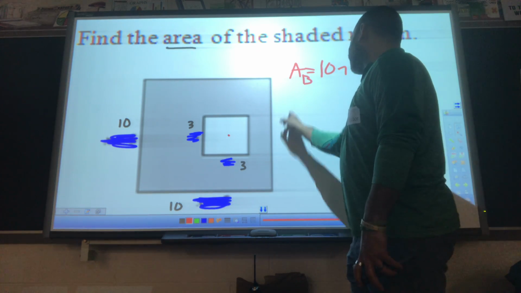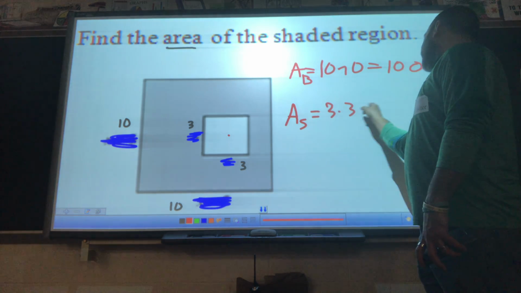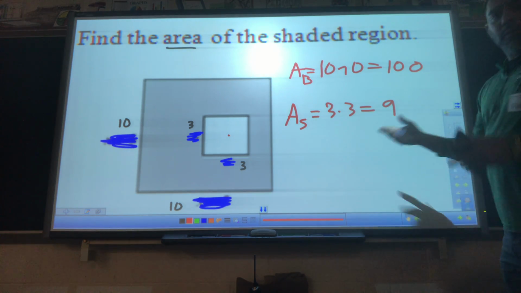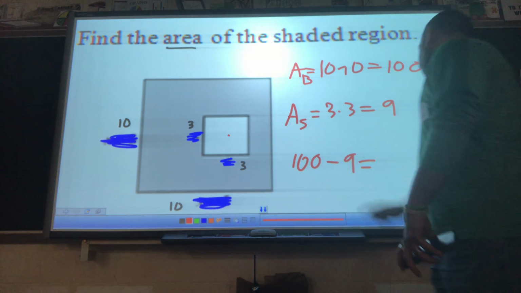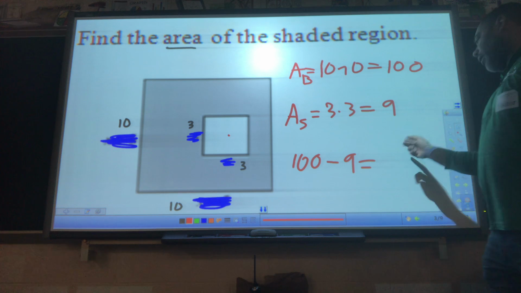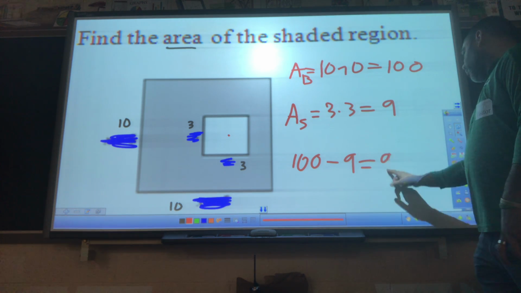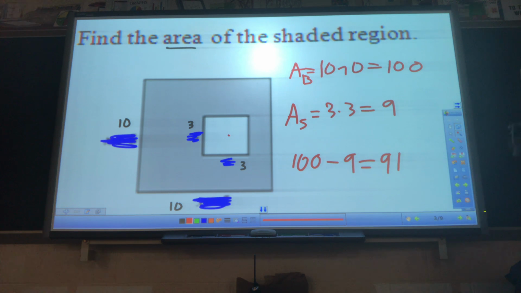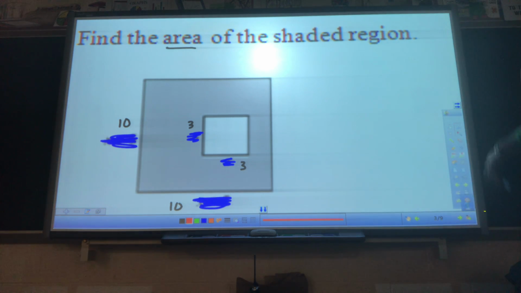I'm going to label that A subscript B. Small box, 3 times 3, which is 9. To figure out the area of the shaded region, I subtract away the hole. So my area here, oops, almost wrote 81, would be 91 units squared.